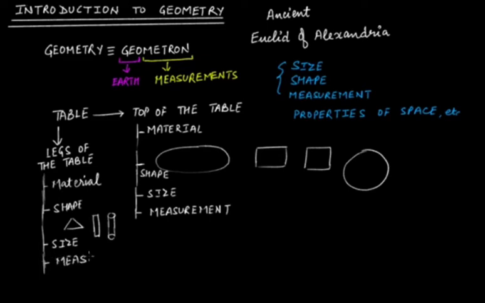A similar approach you will adopt to construct and design this table. When you are done with all these requirements, you will start designing the table. Then you physically start working on the table and make your table. So if you see clearly, you are taking into account the shape, the size, and the measurements, and then you physically make your table, and that's what geometry is.